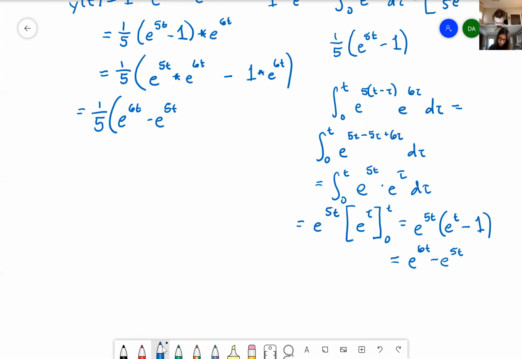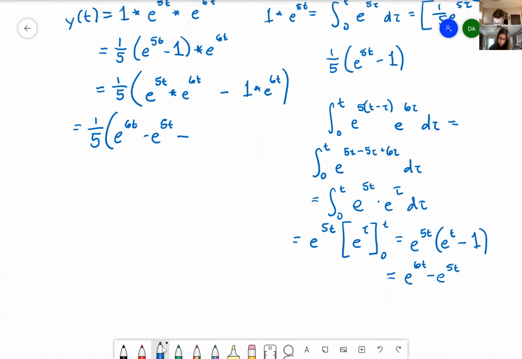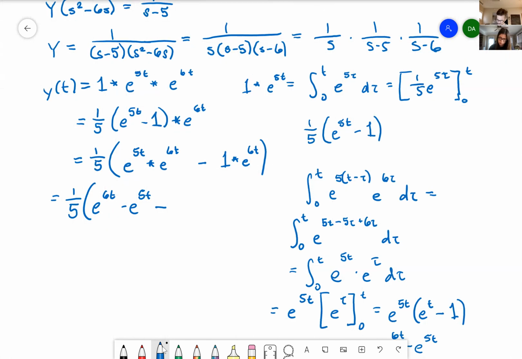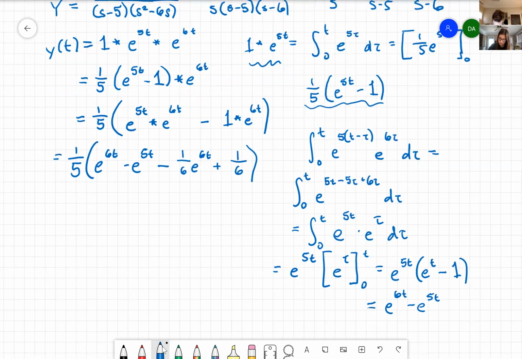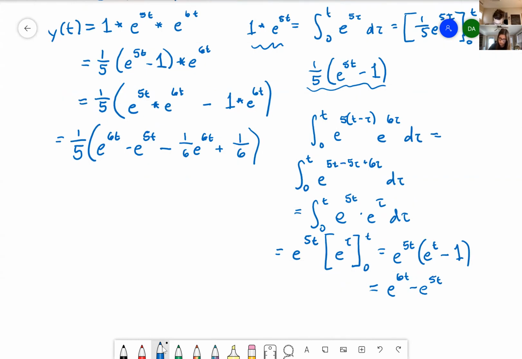And then for the convolution of 1 and e to the 6t, we can see it's going to work out exactly like the convolution of 1 and e to the 5t. It'll just be this thing, except it'll be 6 instead of 5. So 1/6 e to the 6t plus 1/6, because it would be minus minus. Okay.